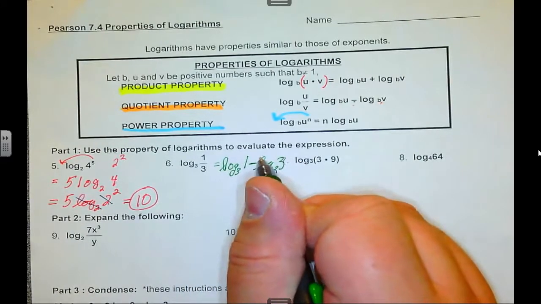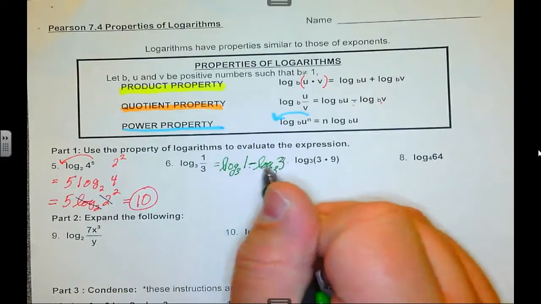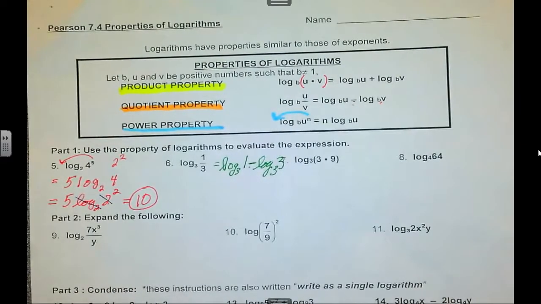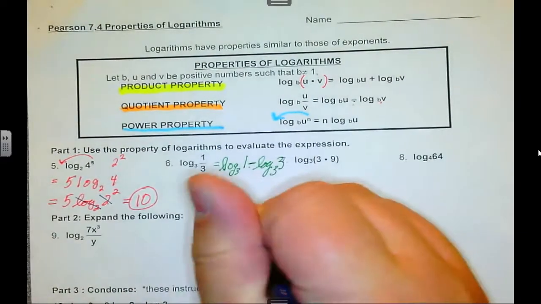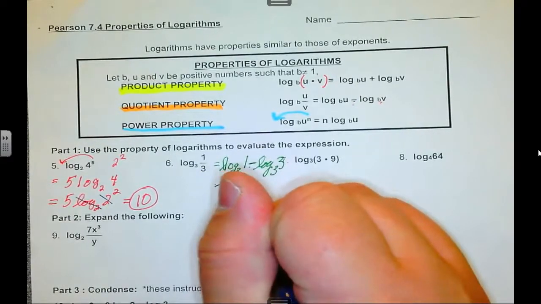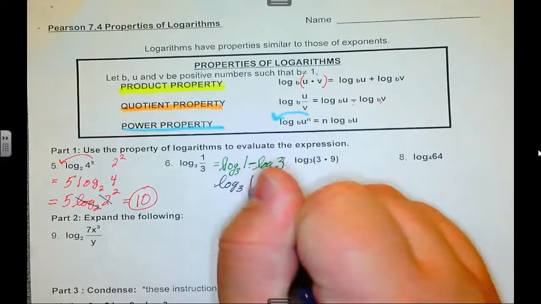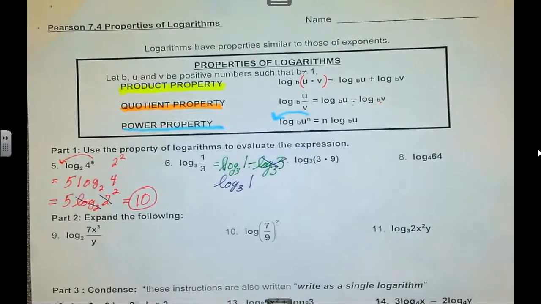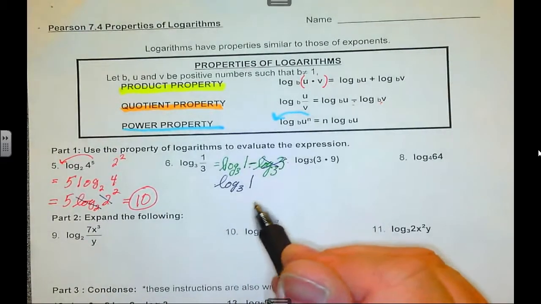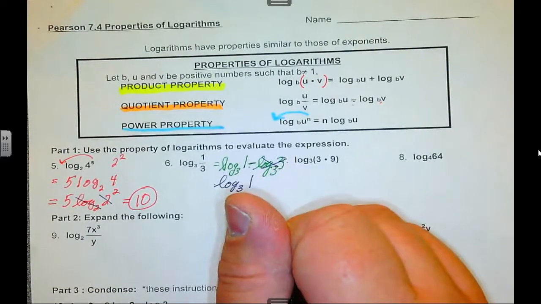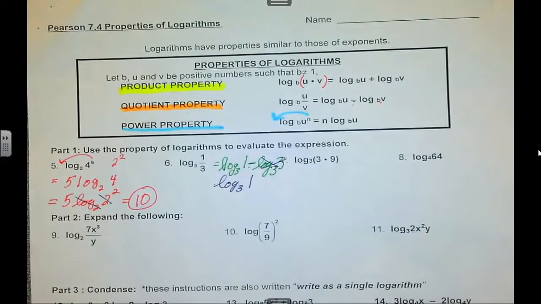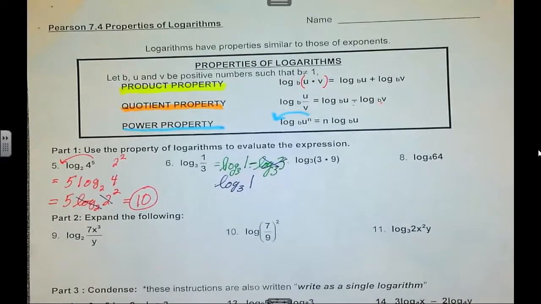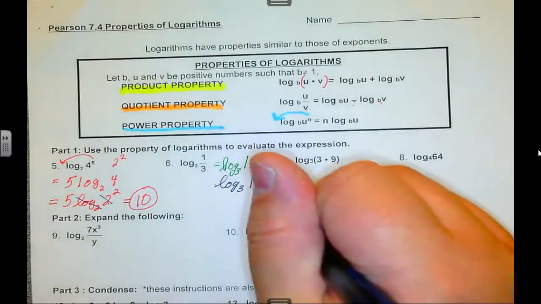Again, these are going to cancel out. Okay, so we're actually just minusing 0. So I have log base 3 of 1. These cancel out. What is log base 3 of 1? What's the log of any number? What's the log of 1? 0.